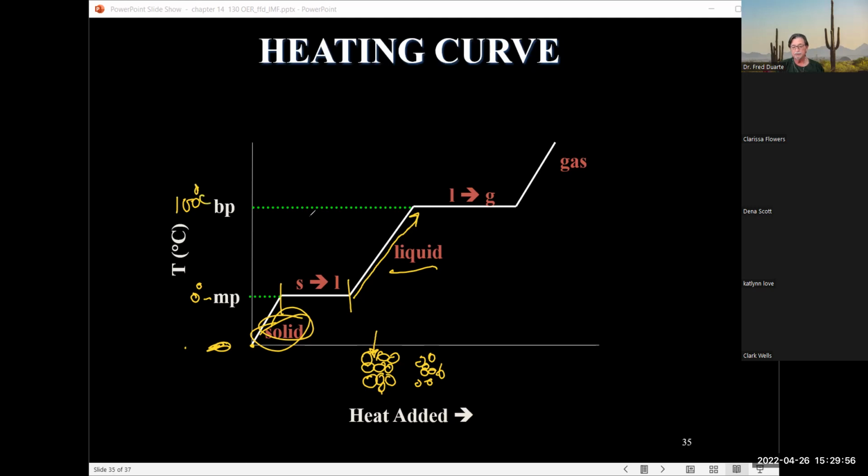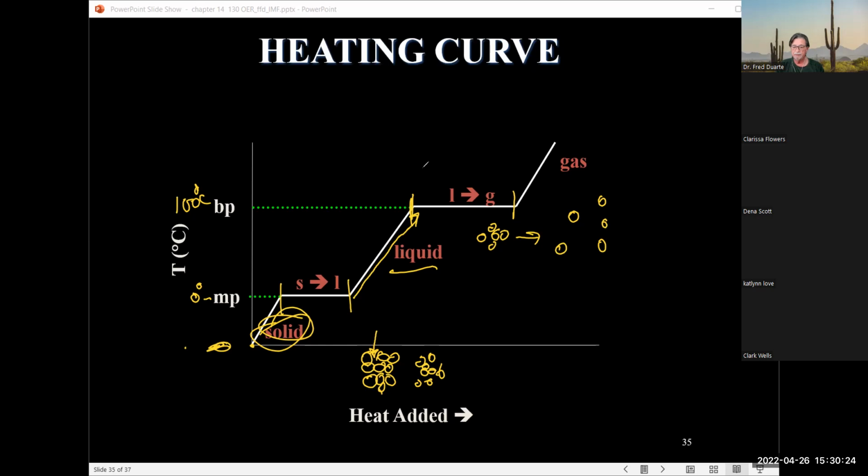Okay, second plateau. On the second plateau, the liquid is being converted to the gas phase. And so now where we had somewhat ordered looking molecules, they are being converted to gas molecules where they're all separated quite a bit.